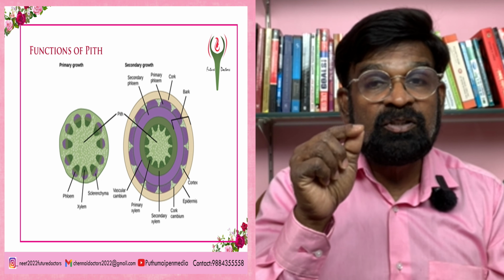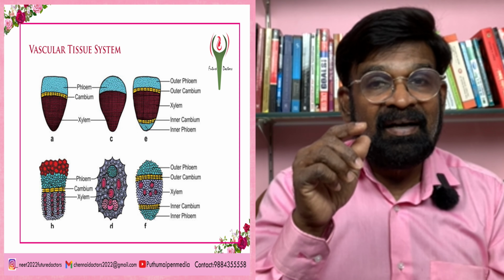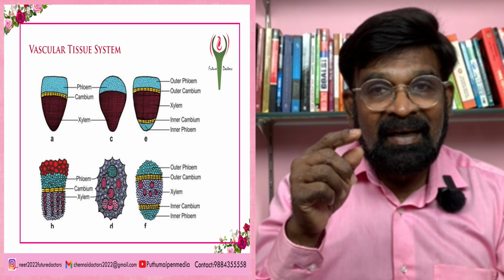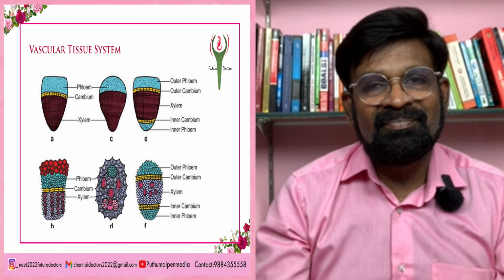There are three types of vascular bundles: radial, conjoint and concentric. Radial: the xylem and phloem alternate with each other, separated by parenchymatous cells. This type is found mainly in the roots.